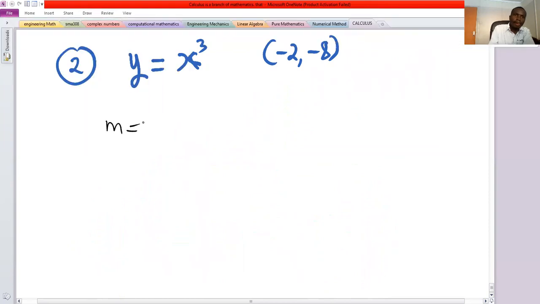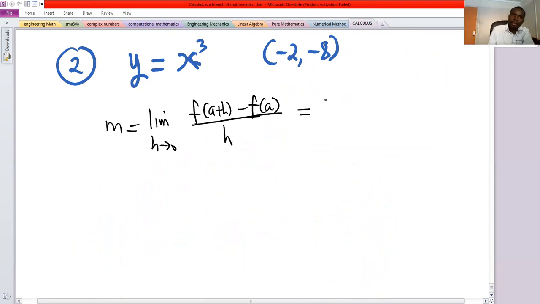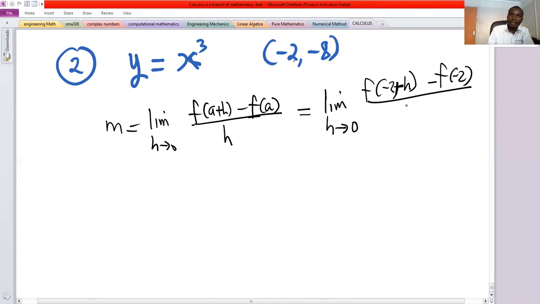So m is the limit as h approaches 0 of f of a plus h minus f of a, divided by h, which will be the limit as h approaches 0. This will be our a, so f of -2 plus h minus f of -2, divided by h.